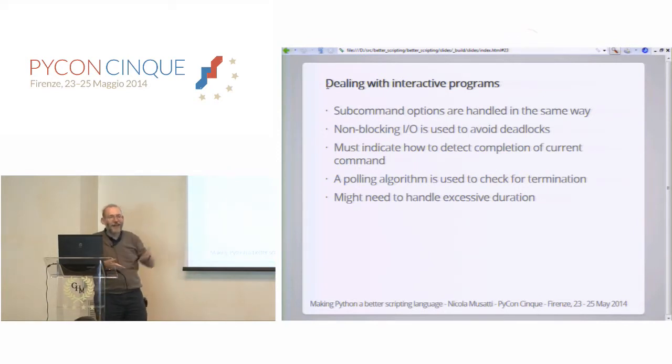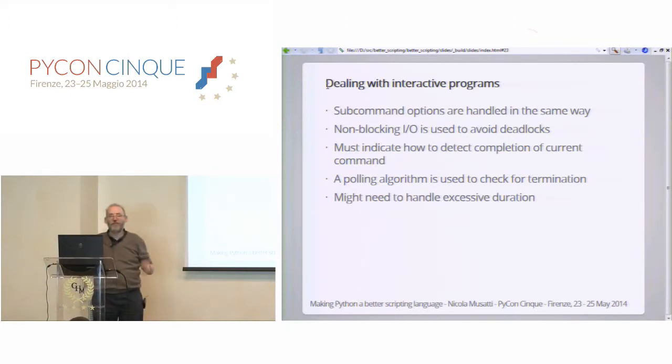In this case, output and error are open streams, and when you read from them, you might get that there's nothing available, but the read operation returns immediately, and so you have no way to decide. You have to actually check the output to find a way to identify the ending. What I do is I periodically poll the output and error to check for termination.